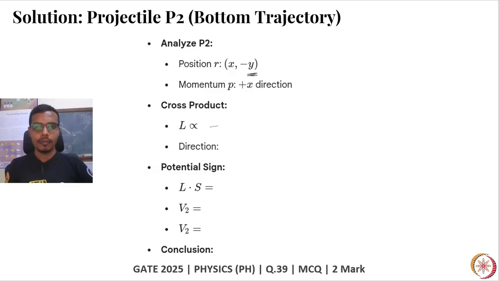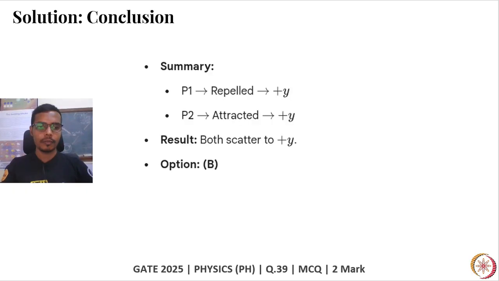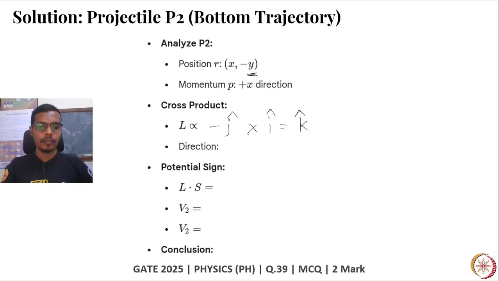So minus j hat times plus i hat is equal to positive k hat. j times i is minus k, but we have a minus sign from the position, so the resultant is positive k. So L points out of the screen in the positive z direction.